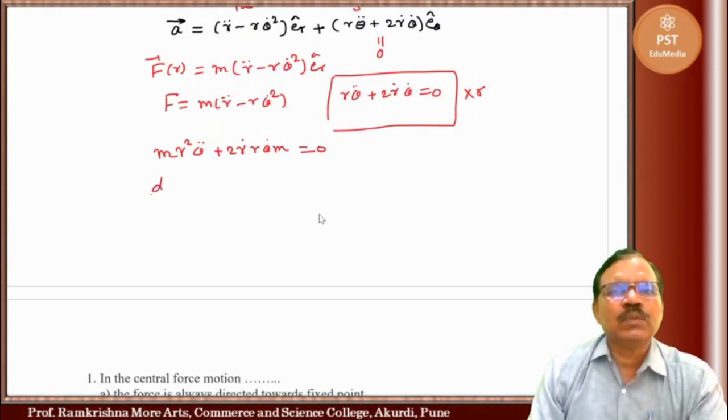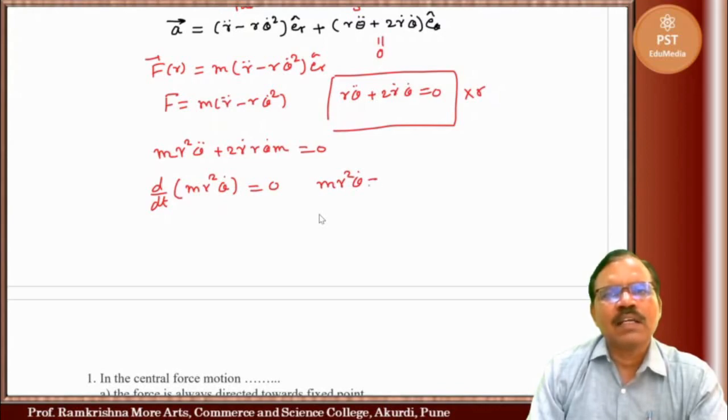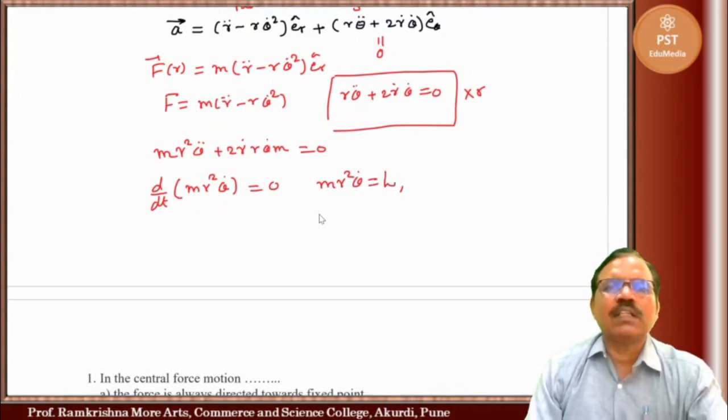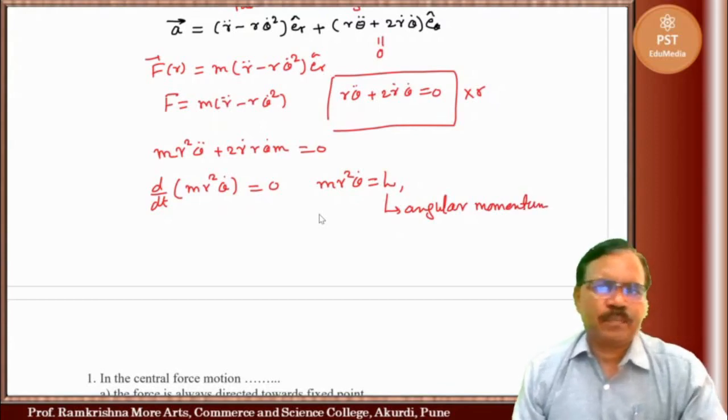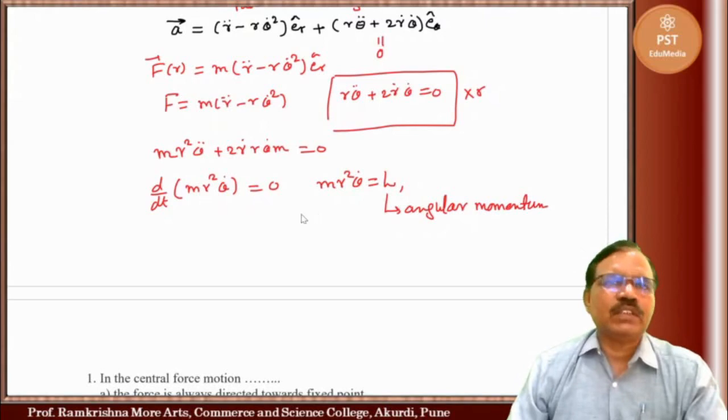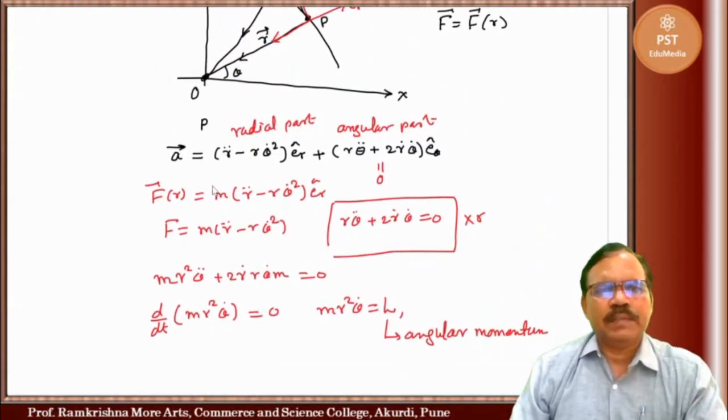So this gives d by dt of m r square theta dot equals 0. So m r square theta dot is constant, and let us call this L, the angular momentum. So angular momentum is conserved in central force field.